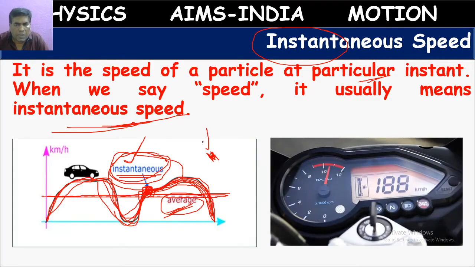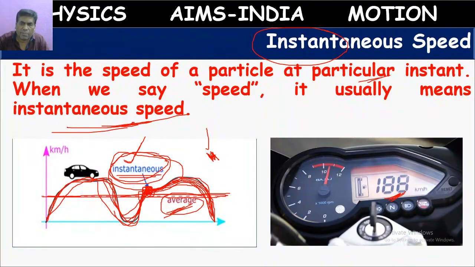Suppose you observe a Bajaj Pulsar bike. There you will have a digital speedometer. Here it shows 188 km per hour. So what does it represent? When we raise the accelerator, at that particular instant, what is the speed? Only at that moment will it show that number.